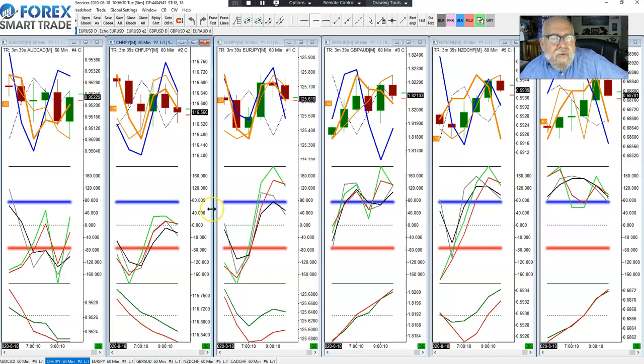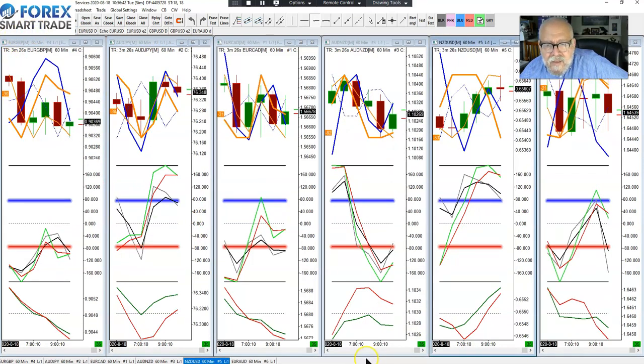So we do not have a 0 or minus 100 with the supporting confirmation to take a trade on the thick orange line. So nothing there. Let's see if we've got anything else.